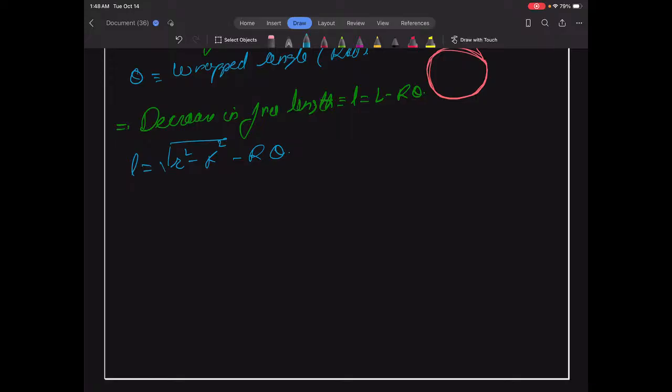And similarly in this case also we can assume any radial distance, that is rho. Okay. So we can say that for a radial distance rho, this rho will be equal to the square root of R square plus L square.